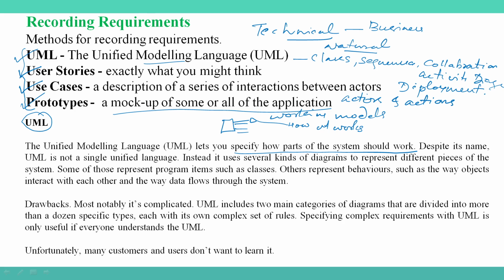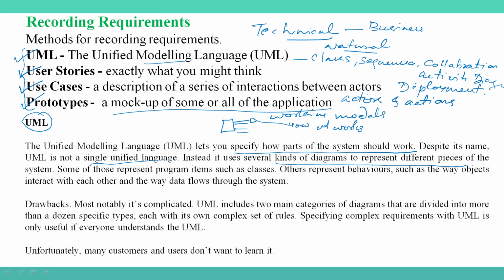Despite its name, UML is not a single unified language. Instead, it uses several kinds of diagrams to represent the different pieces of the system. So it is not compulsory that everything should be represented in a single form. Multiple diagrams can be used.